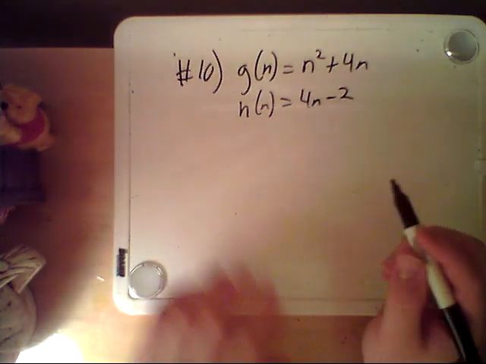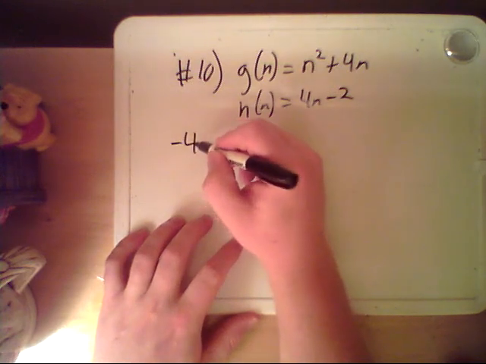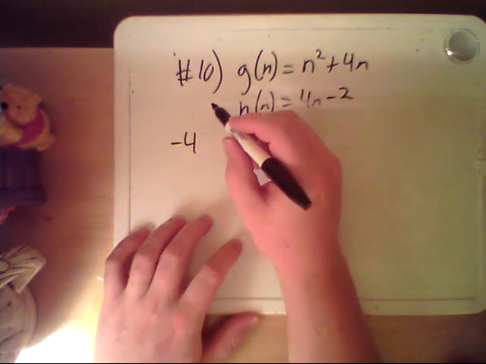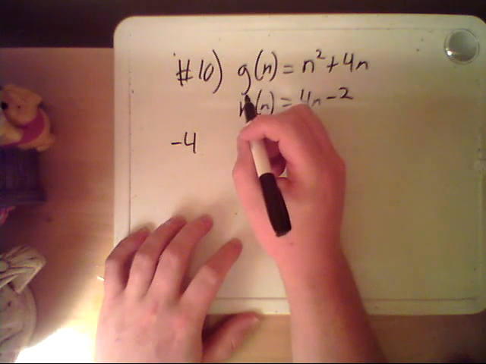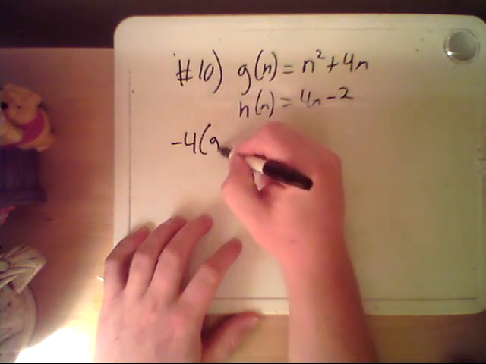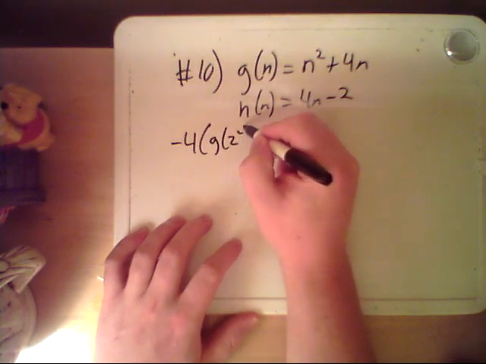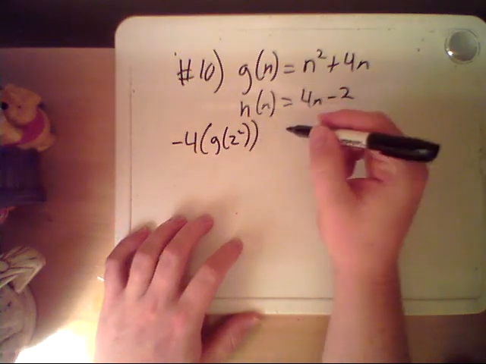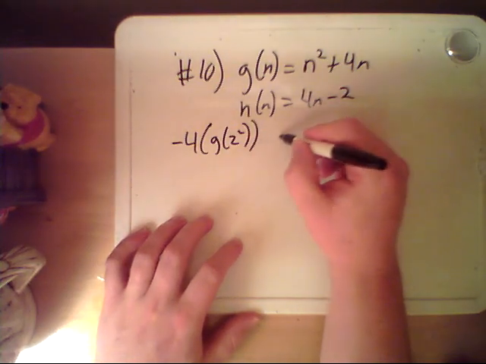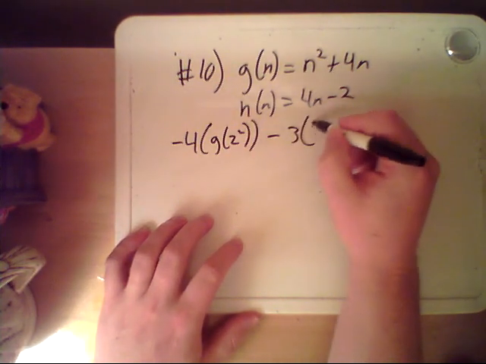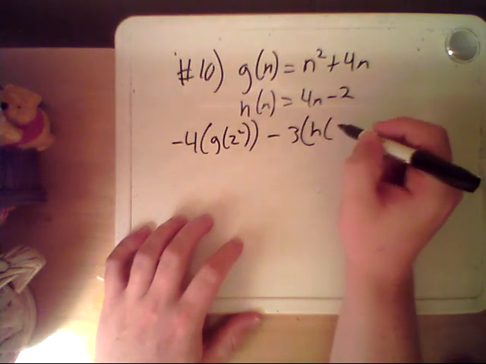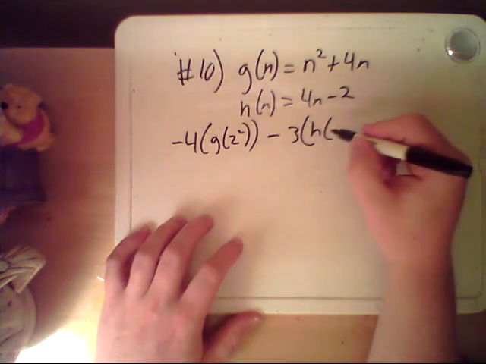And we're going to find negative 4 times g of z squared minus 3 times h of z squared.